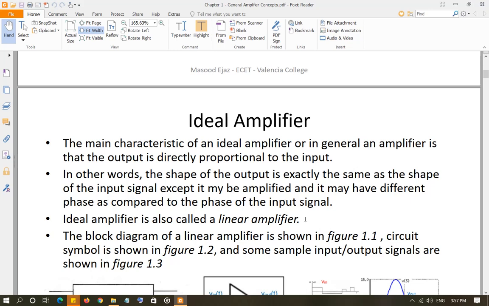Most of the time an operational amplifier is analyzed using ideal conditions, and the analysis is pretty close to the actual physical conditions.